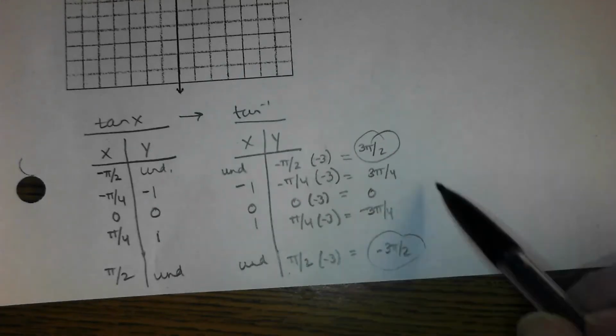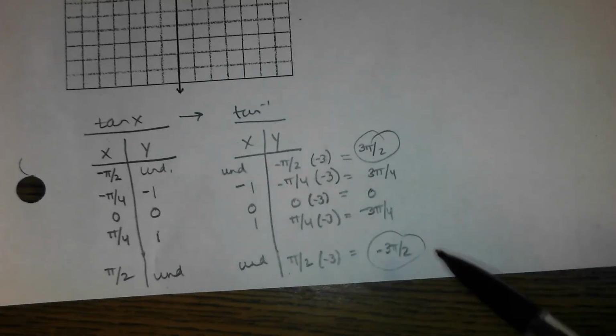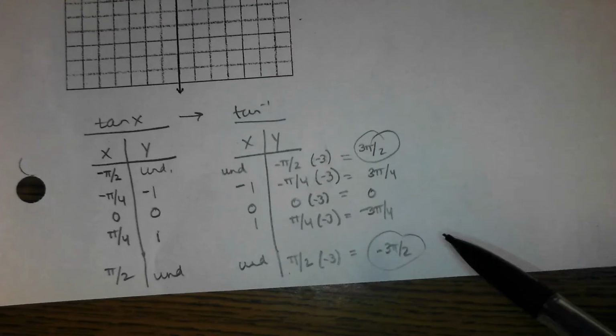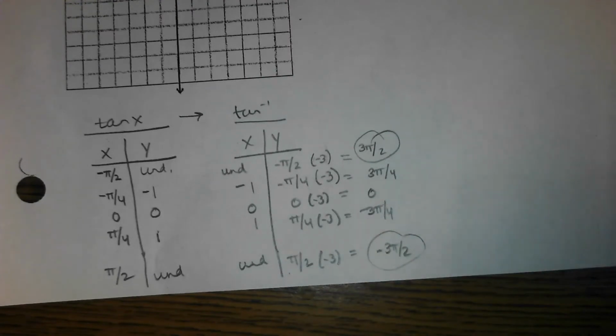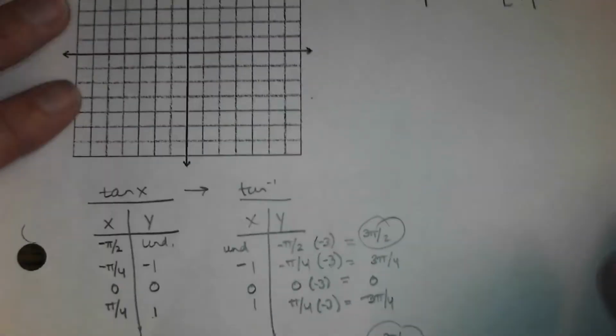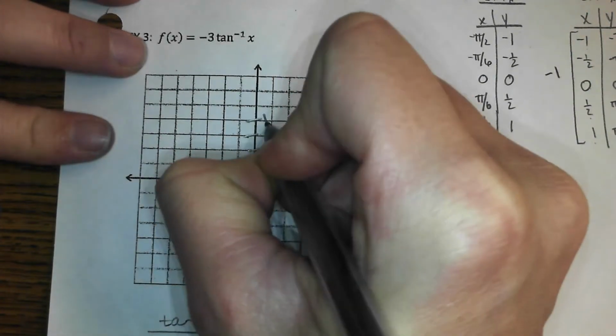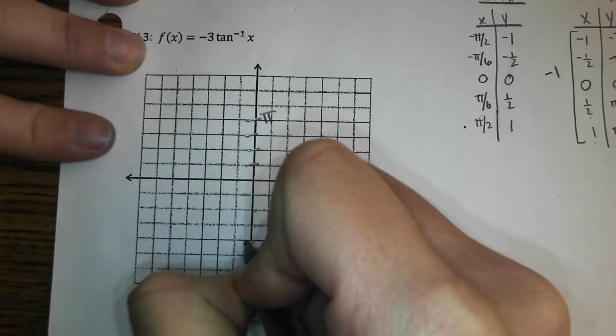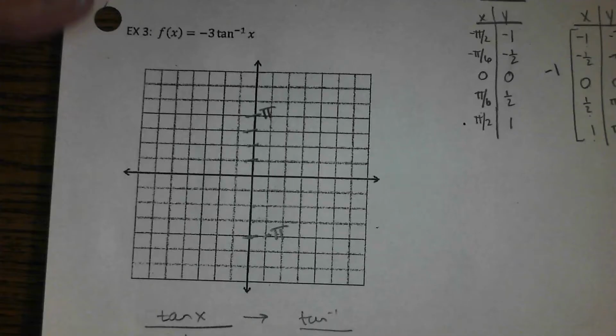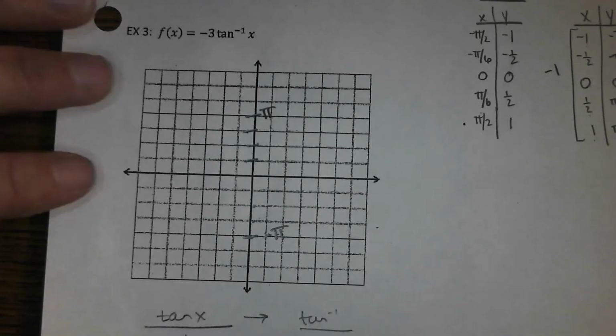And then based on our other denominators, we have a denominator of 4 and a denominator of 2. So we can count by pi's over 4, and that will cover everything. So on our y-axis, we're going to count by pi over 4. And our x-coordinates just go from negative 1 to 1.